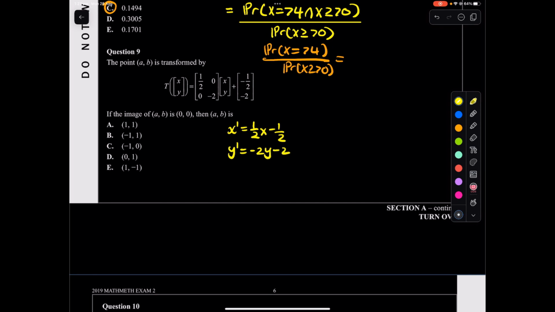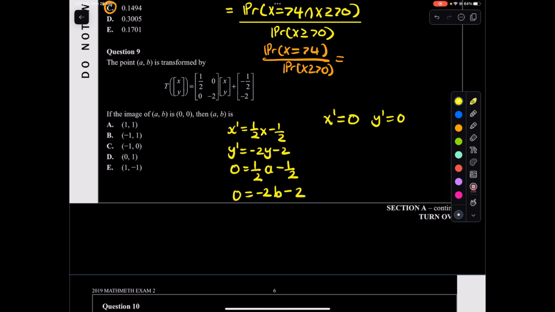And what we know is our x dash here is the transformed. And we know the transform of A and B is pretty much 0, 0. So this, our x dash is 0, and your y dash is equal to 0. So subbing that in, we can say that's 0, half, your x in this case is A, minus half. The other one's going to be 0, negative 2, and your y is B, minus 2.